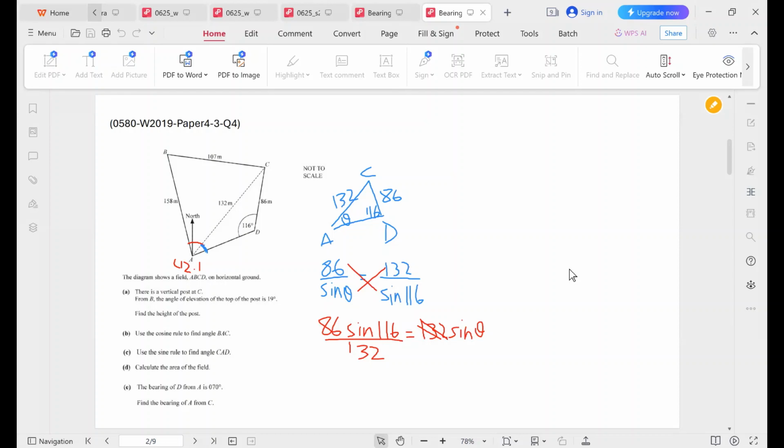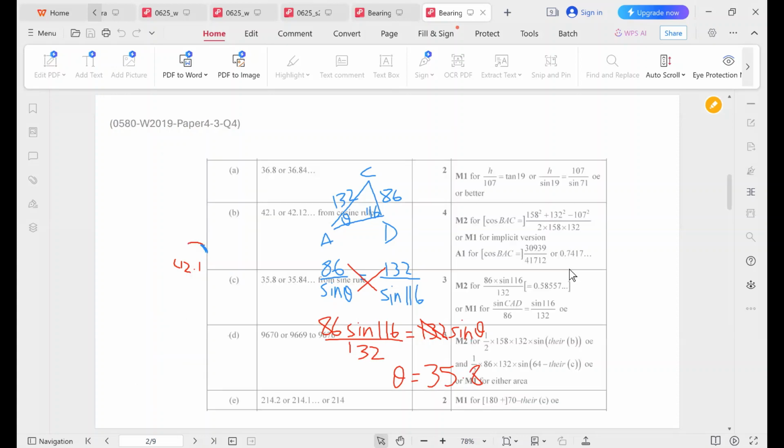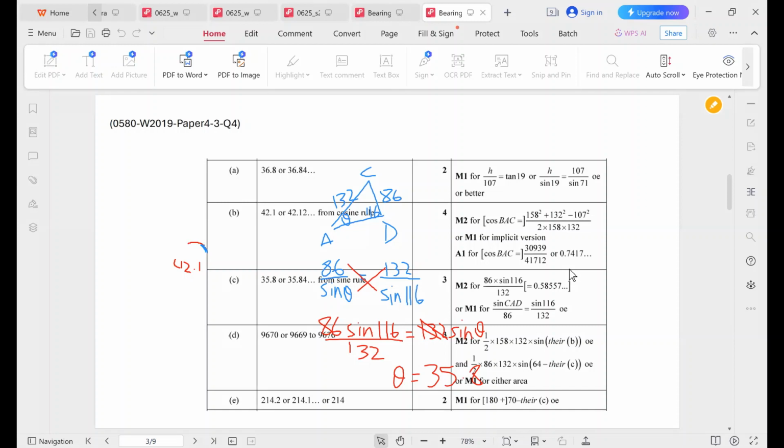And then you do shift sine answer on the calculator without approximation at all. And this gives you theta automatically. Theta equals 35.84 or just 35.8 to 3 significant figures. Again, let's make sure we're on the right track. Yes, so for question C, the correct answer is 35.8.